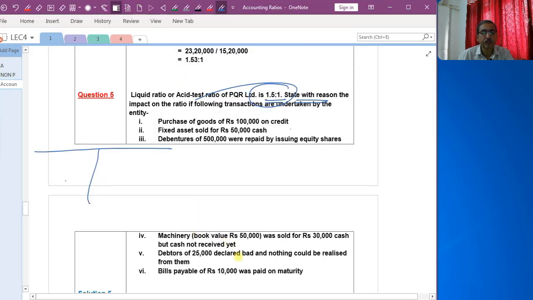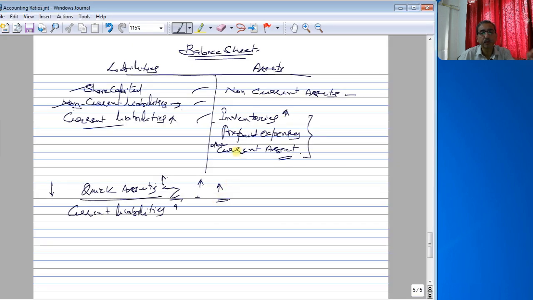Debtors of 25,000 declared bad and nothing could be realized from them. Now debtors are included in quick assets, and quick assets are reduced because bad debts are there and nothing could be recovered from them. So quick assets will go down, but there is no change in current liabilities, so the ratio will decrease.